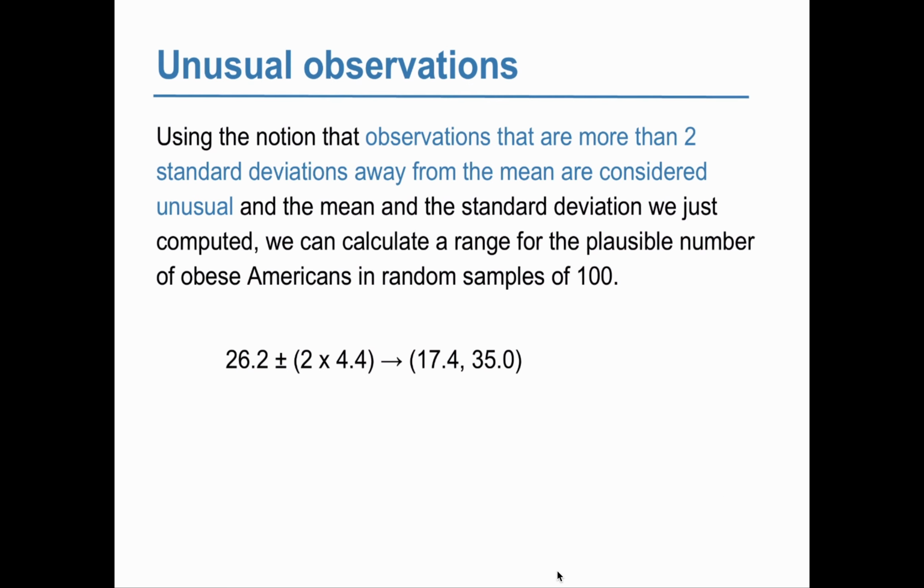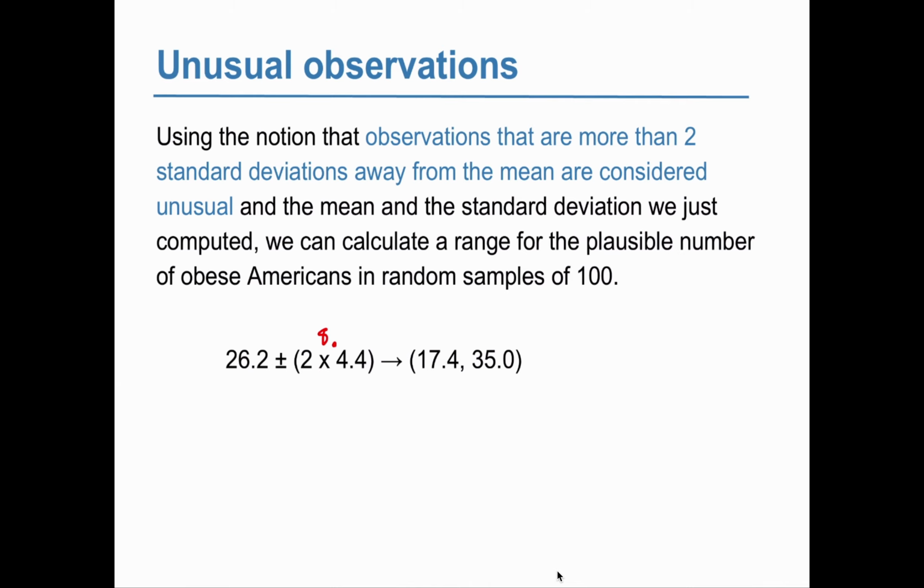Using the notion that observations that are more than 2 standard deviations away from the mean are considered unusual, and using the mean and standard deviation we just computed, we can calculate a range for the plausible number of obese Americans in a random sample of 100. Right? 2 standard deviations.